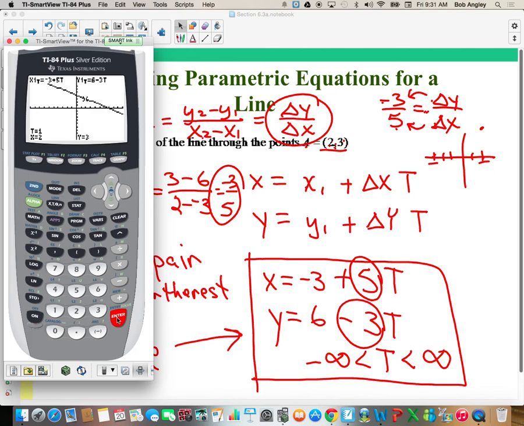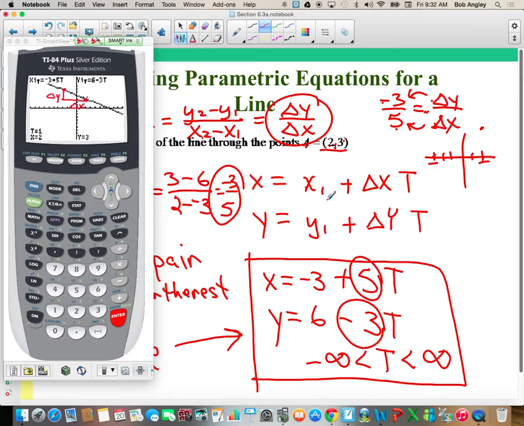In other words, look at this and you'll understand where what I just did came from. This -3, 6 was about right here. And then if I'm going to get to that point there, do you see that I'm going to go over this amount? So that's my delta x. And I'm going to come down this amount. That's delta y. So what I'm saying is start at this x number.